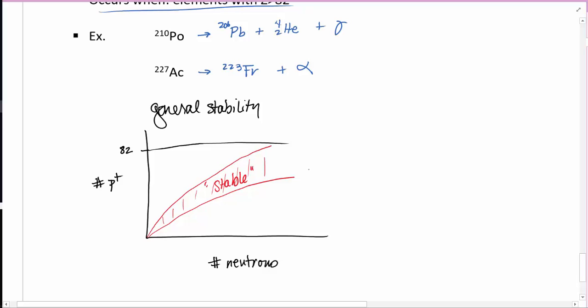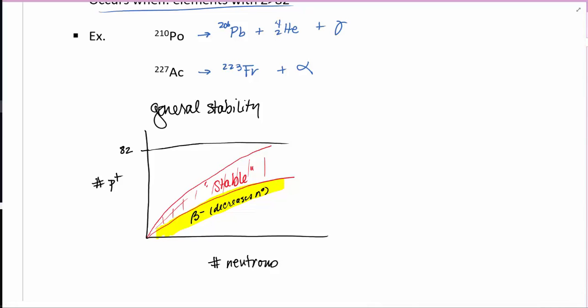You'll notice, while it kind of starts out 1-to-1, it's not 1-to-1 as the elements get heavier. And going along with some of the things that we said, over here, if you are an element where you essentially have too many neutrons, these guys tend to emit beta particles because that decreases the number of neutrons.